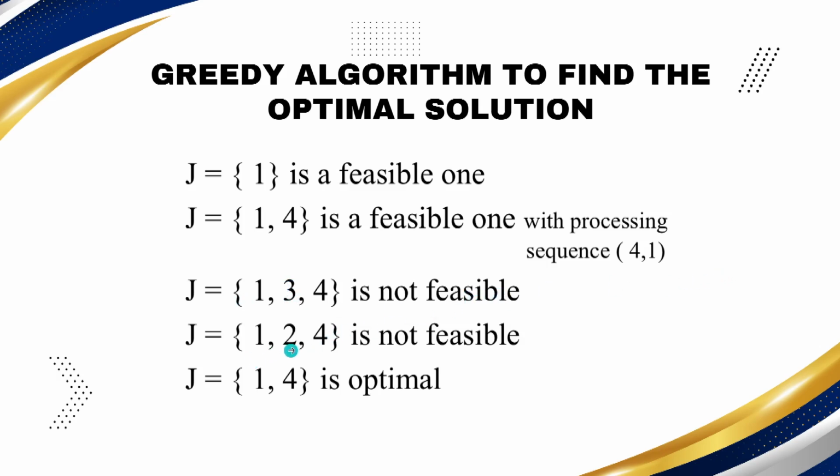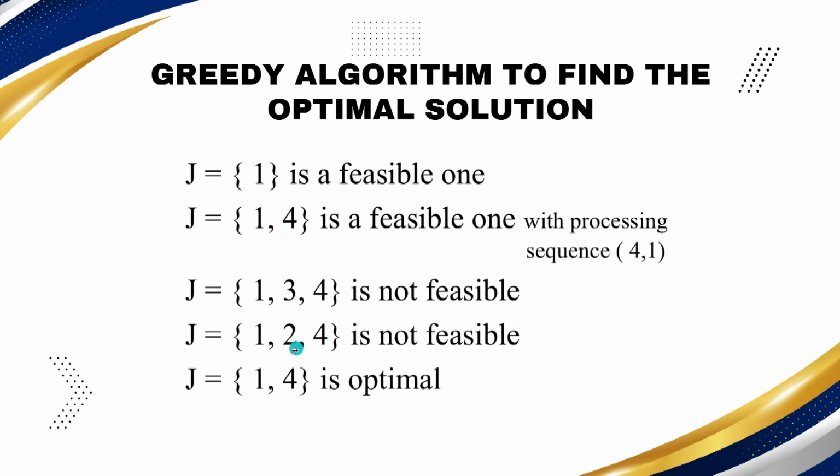The other way around is we think of considering a second job also after the first job, but taking up the second job is not feasible because we have already taken the fourth job as one of the feasible solutions, and the fourth job has even more profit than the second job. That is why we have considered it first.